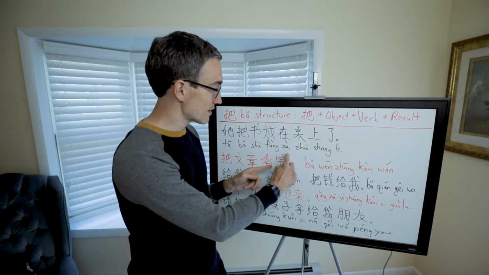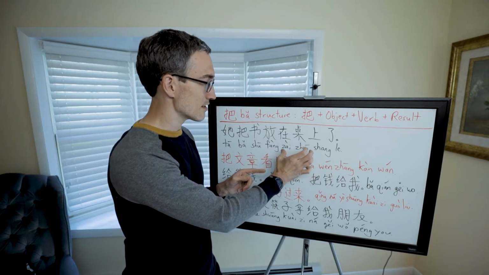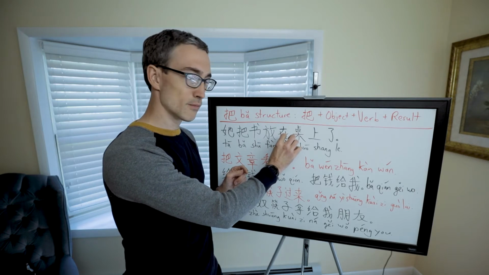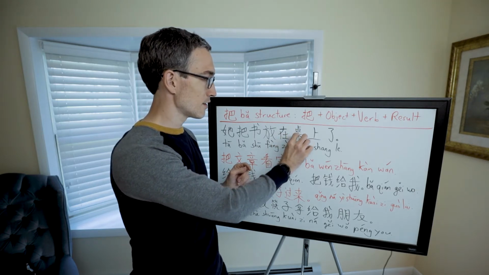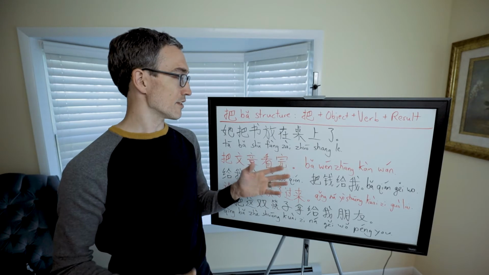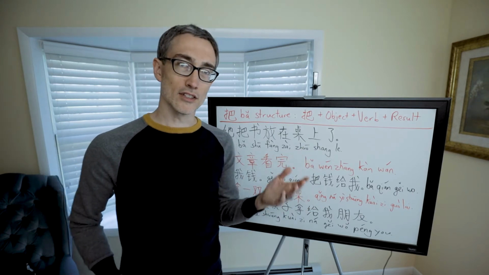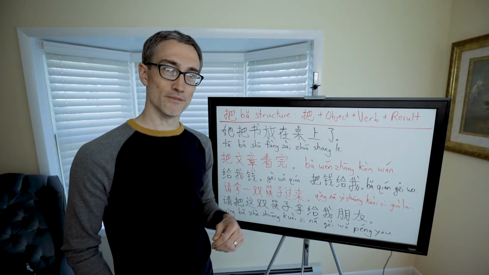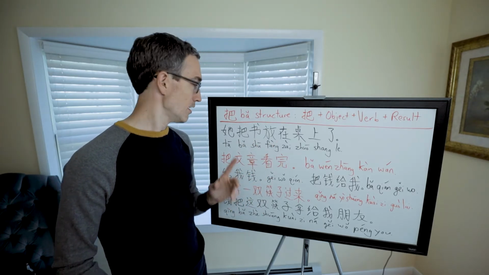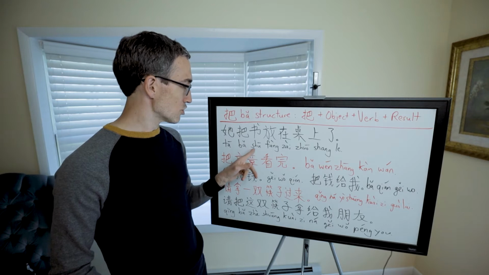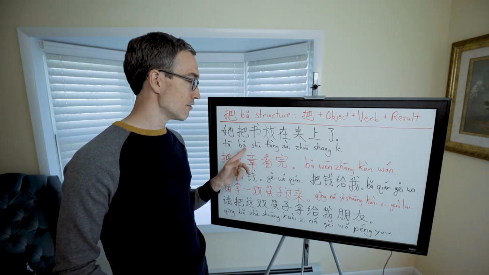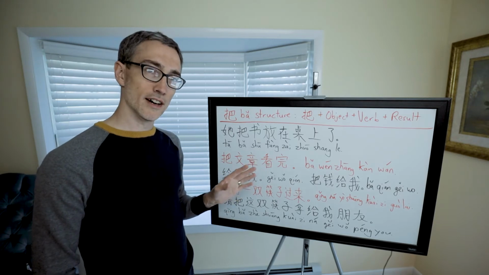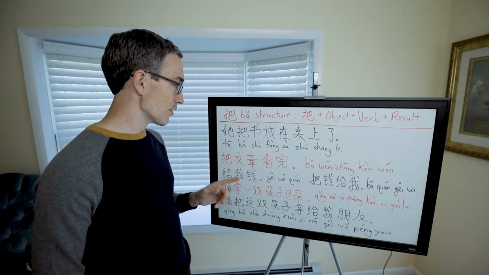If we take this phrase, 在桌上, by itself, it means on the table. 在 is like a location verb in essence. 桌, table, and then 上 is on. 了 just makes it into a completed action. So she put the book on the table. That's what this means. But the ba puts the shu in front of the verb rather than after the verb. So there's one example of it, and then we'll go on to another one.